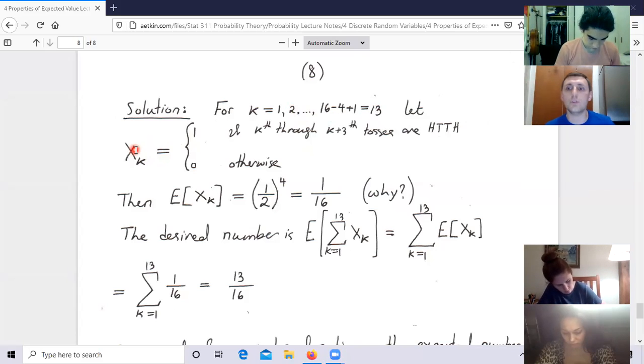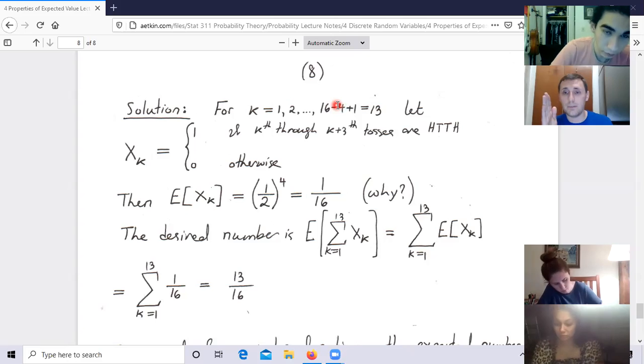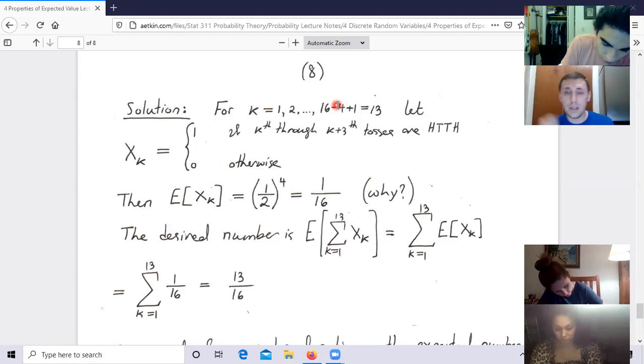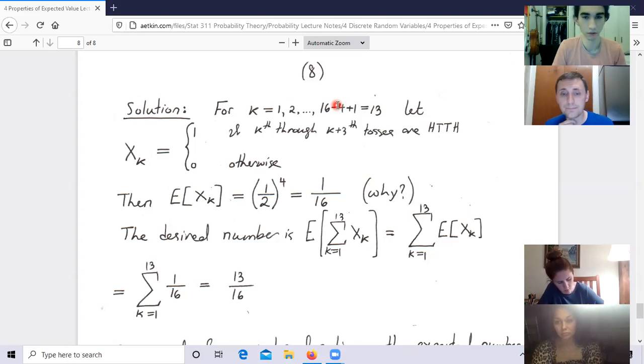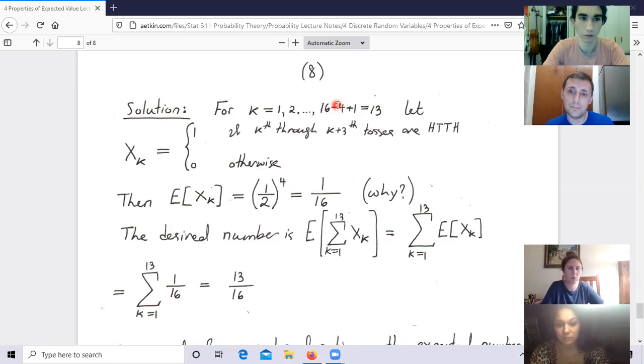So x1 looks at the first 4 letters. X2 will look at the 4 letters starting from 2. Why do I subtract 4 plus 1 here? It's because at 13 and up you have 4 letters. Yes, if it's 14 and up we don't have enough. Understood?